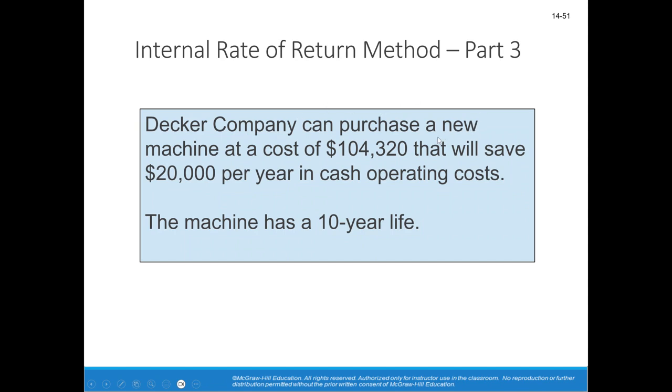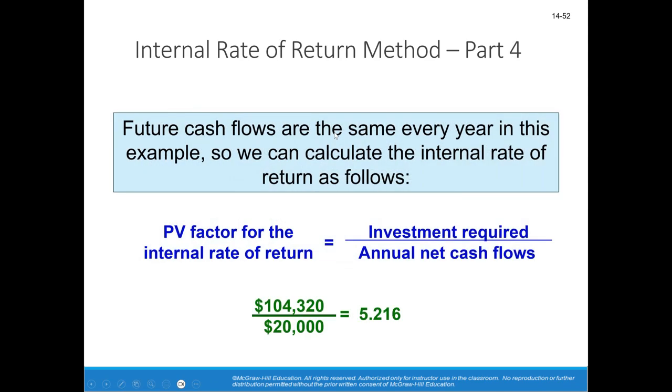Here, Decker can purchase a new machine at 104,320 that will save $20,000 per year in cash. So that is basically what their cash flow is. You spend 104,320 in year one, and then you are going to discount 10 years of $20,000 payments and determine what that rate of return is. So the present value factor for internal rate of return is the investment required divided by the annual net cash flows.